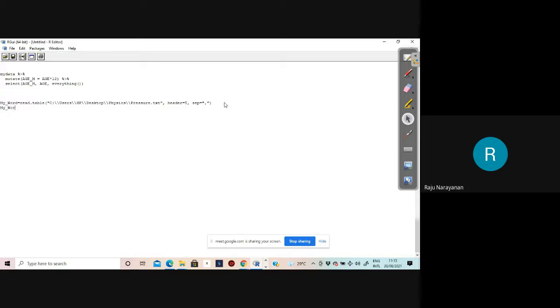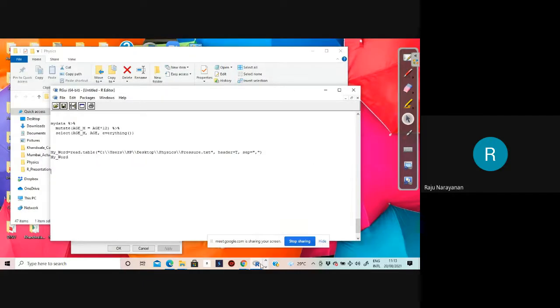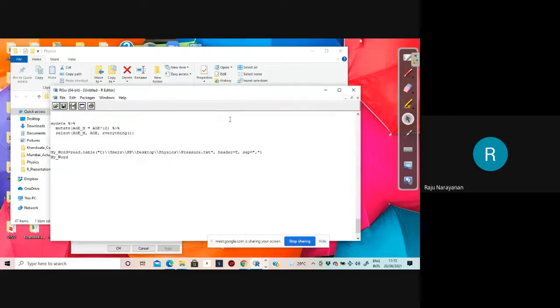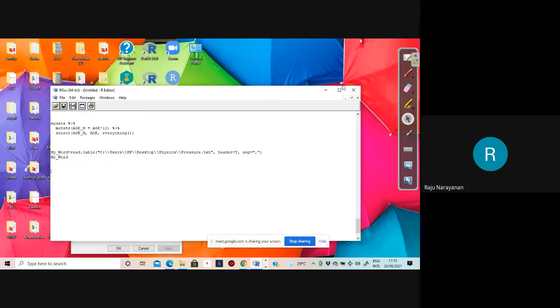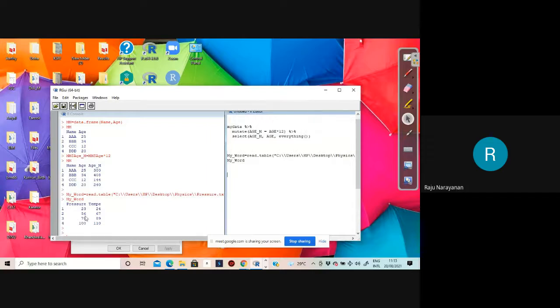And if you want to see that one, you have to type the name of the data file. Let me check whether there are mistakes. No mistakes. Pressure, temperature, 23, 24, etc.